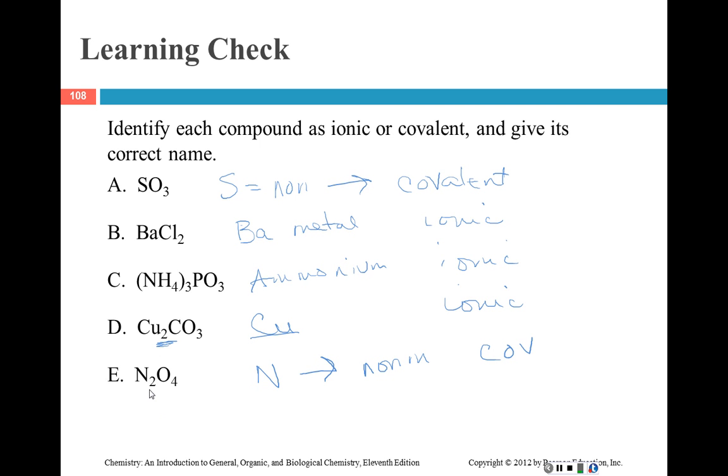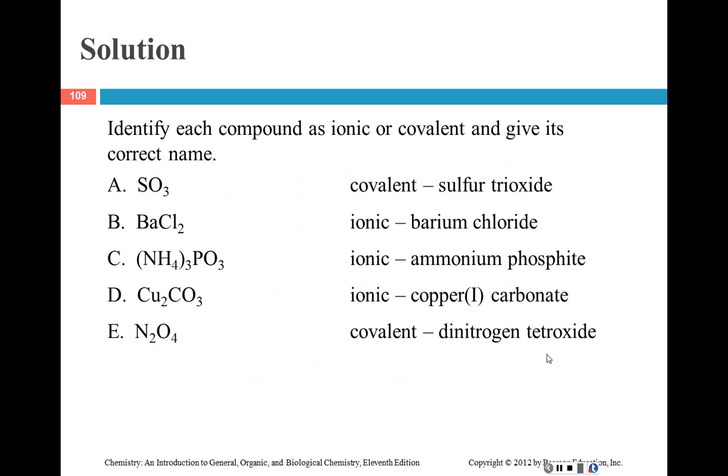And then finally dinitrogen tetroxide, because it's covalent. So sulfur trioxide, barium chloride, ammonium phosphate. Oops, sorry. I should have done the math on it, shouldn't I? Copper 1 carbonate, because this is a 2 minus, and you have 2 of these, so they must be a +1. I didn't go through my steps, did I? And so copper 1 carbonate, and then dinitrogen tetroxide.